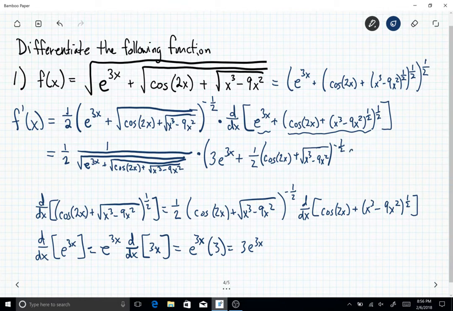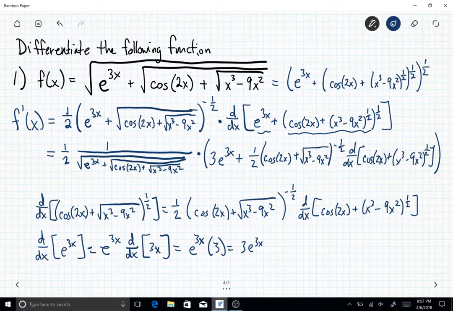But then we need to multiply not the first piece, just this last piece, times the derivative of cosine of 2x plus x cubed minus 9x squared raised to the 1/2 power. And then we can close off our parentheses because all that's multiplied by that first business.